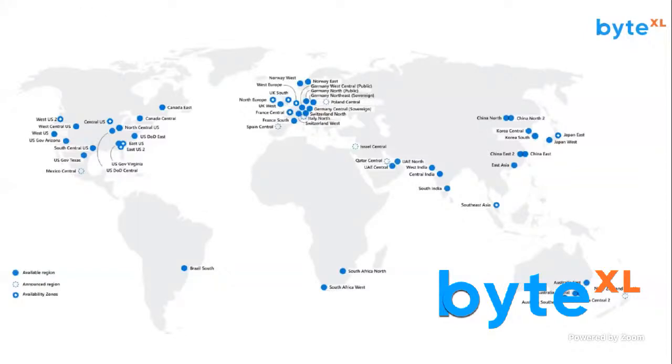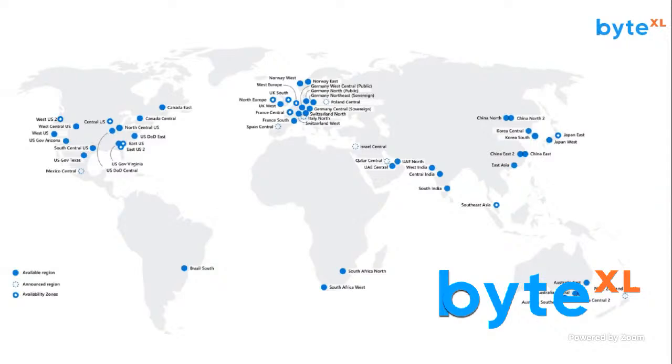In this diagram you can see multiple regions, as I mentioned, 60 plus regions. The blue dots are the regions of your Azure. If you want to create a data center, you can create one for that region.